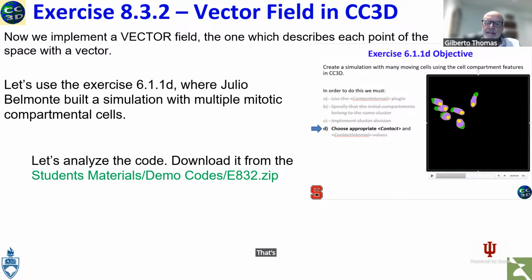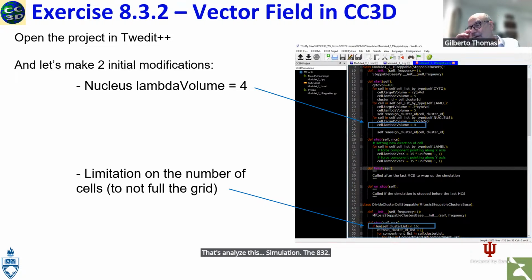Let's analyze this simulation, the 832. Download it from the 822 from the demo materials, open it to edit, and let's look at it. Yes, Anastasia is the one you have to.